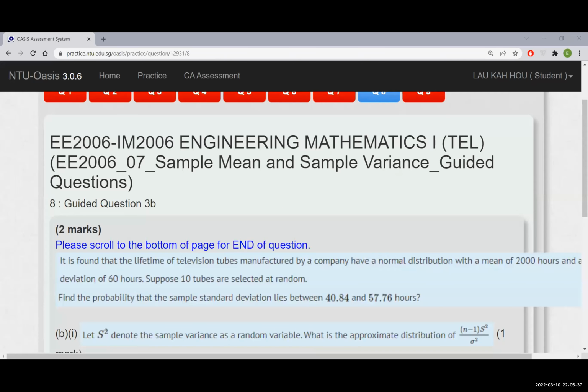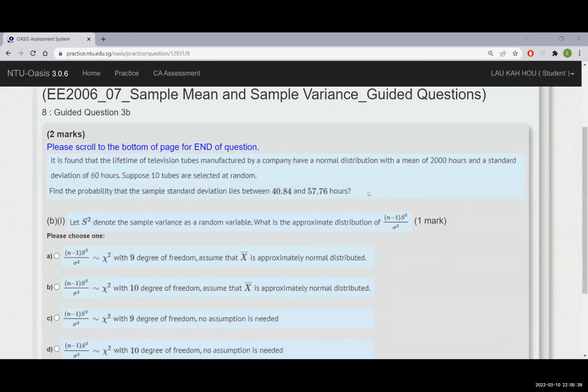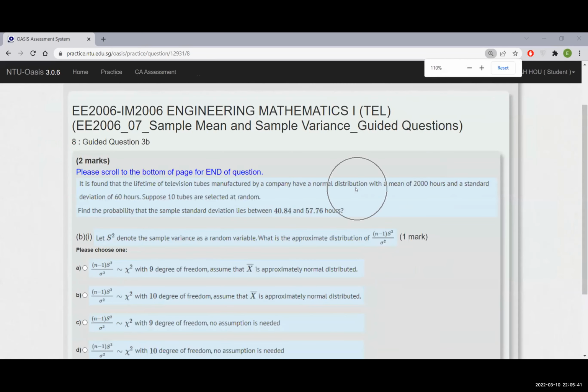Okay, I got a question ready. Okay, let me share screen. Yeah, is this the question? Lifetime of television tubes.